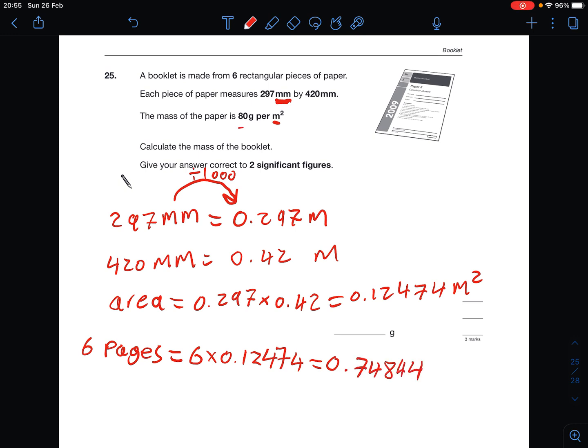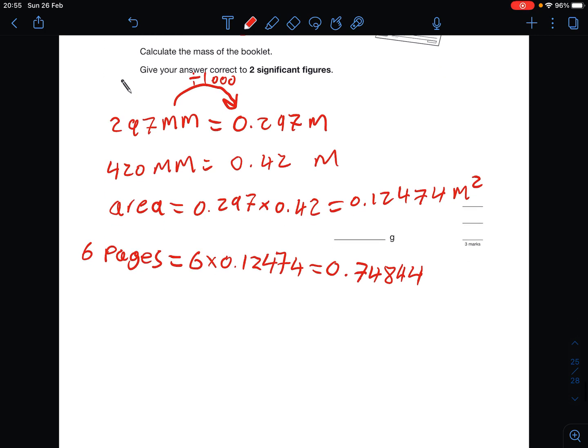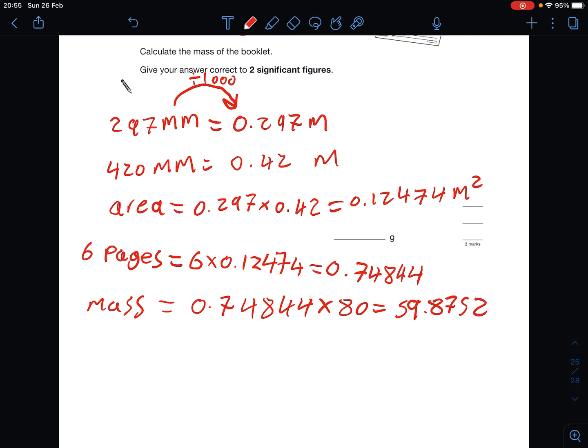And now each page is 80 grams, so I can times this by 80 to do mass. 0.74844 times by 80, and that gets me 59.8752.